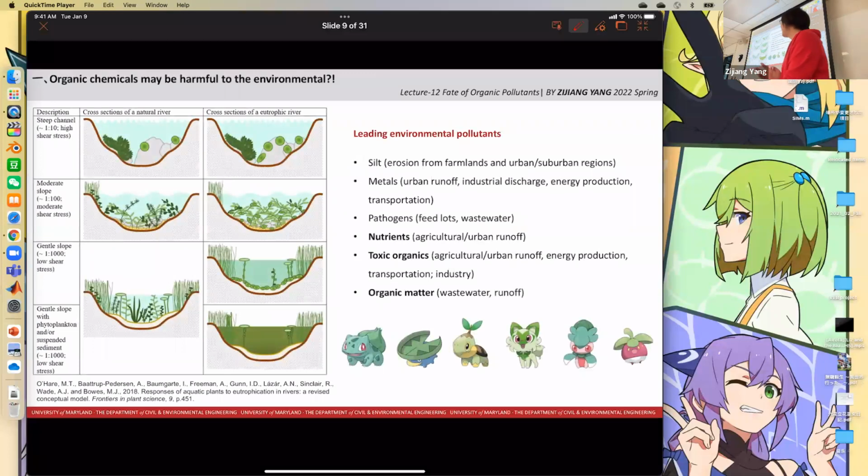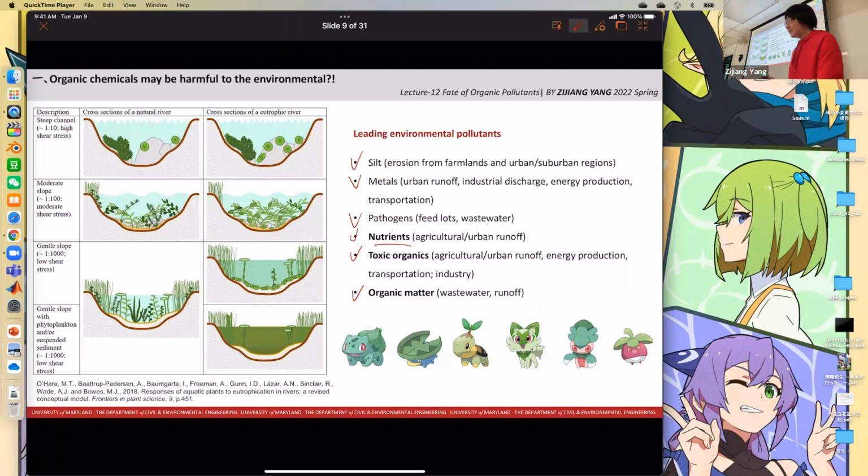So first, let's look at some leading environmental pollutants. Here we have the silt and we have the metals, especially the heavy metals, and we will talk about this in the next unit. And we have the pathogens, and we also have nutrients, toxic organics, and the organic matters. And I think when I was young, I didn't believe nutrients were pollutants.